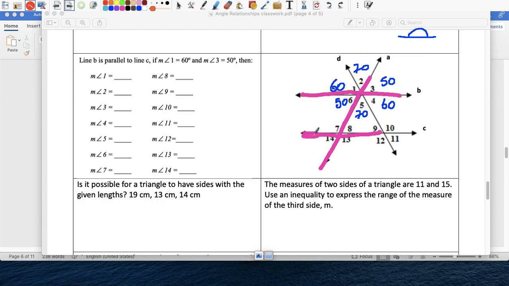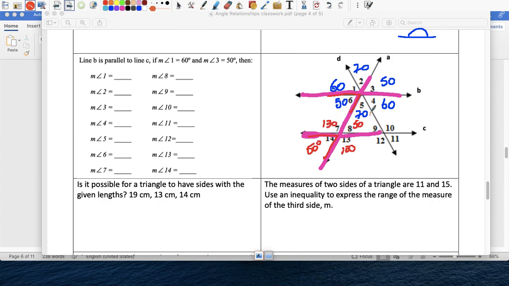Angles 6 and 14, these two angles, are corresponding, which makes angle 14 50 degrees. And if angle 14 is 50, angle 8 is 50. Which makes angle 7 120, because I took that from 180, right? Sorry, 130. And that makes angle 13 130.